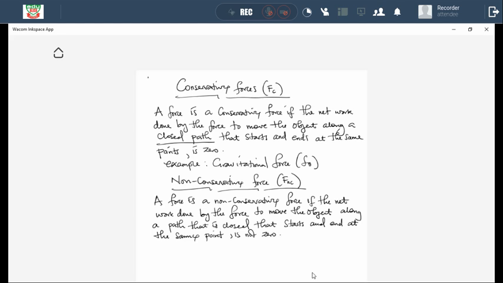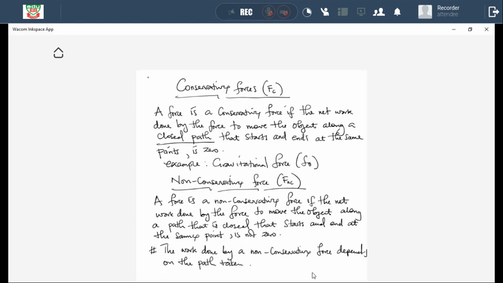So, in other words, if we want another definition, maybe just for interest's sake, we can say the work done. Remember, we said we are defining this in the context of work done. So the work done by a non-conservative force depends on the path taken.